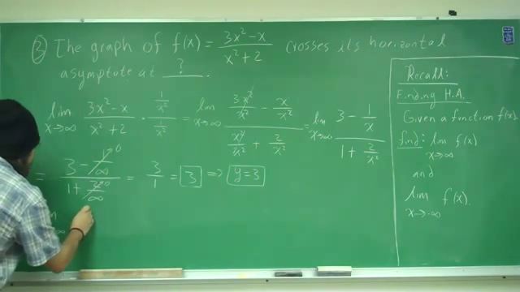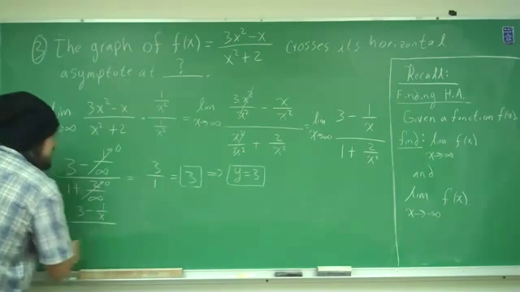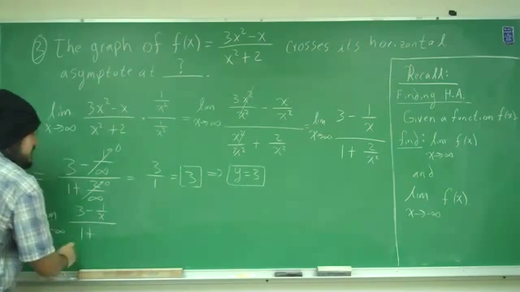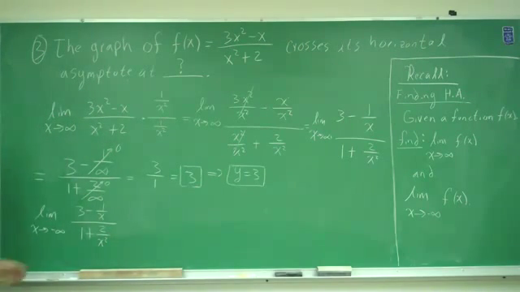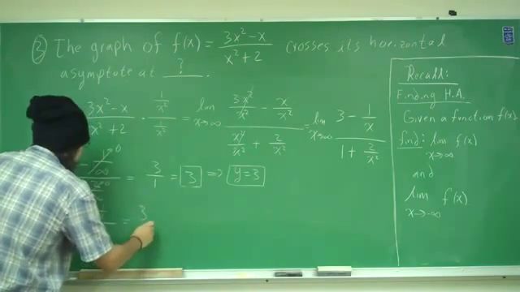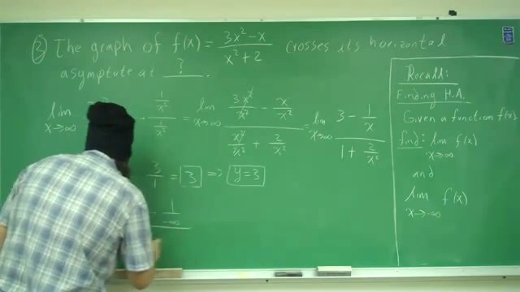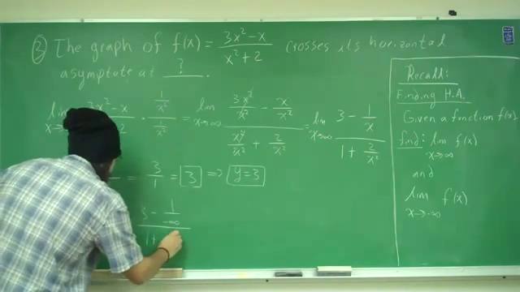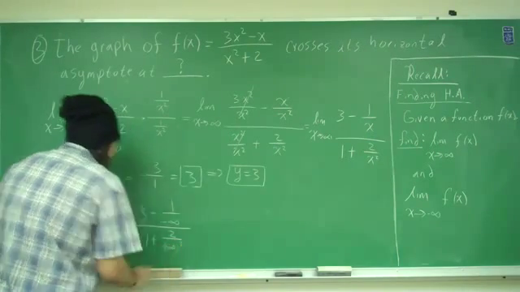We have 3 minus 1 over x divided by 1 plus 2 divided by x squared. Now I plug in negative infinity.